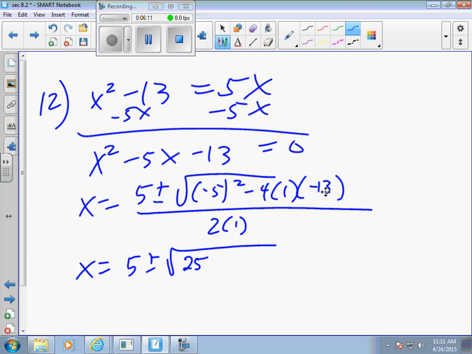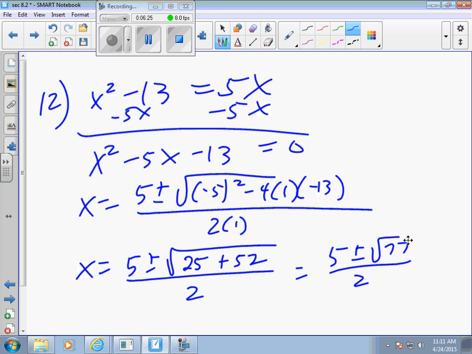Negative 4 times 1 times negative 13 is positive 52, all over 2. And I'm going to simplify that to 77. And 77 is 7 times 11, both prime numbers, no pairs or any perfect squares that can come out. So it stays like that.